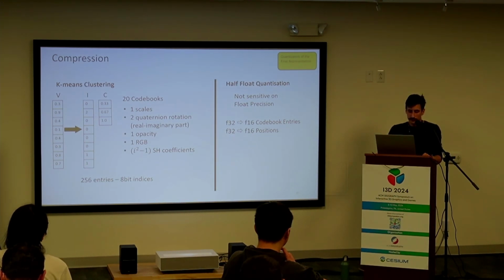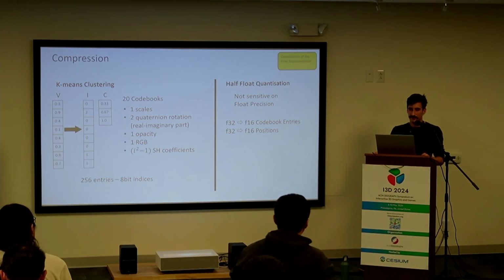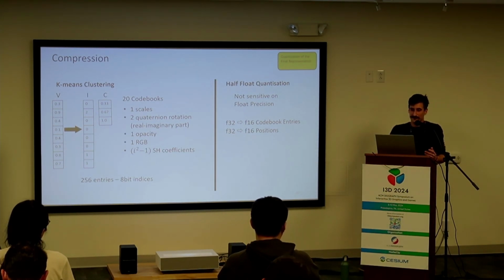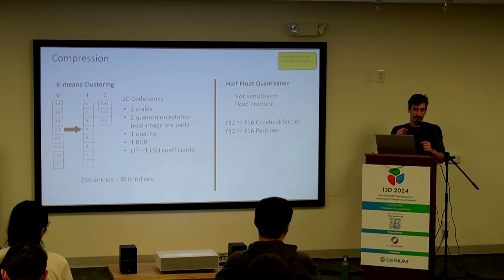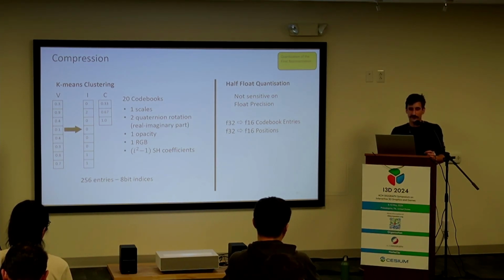So we just proceeded to create a codebook for each one. We found out that 256 entries, which was the original goal because it's just 8 bits, were enough. So we stayed with that.